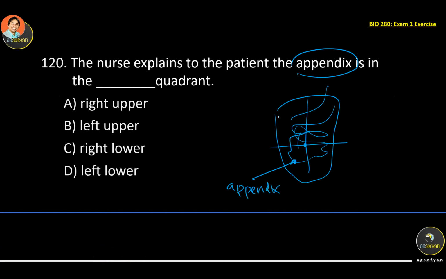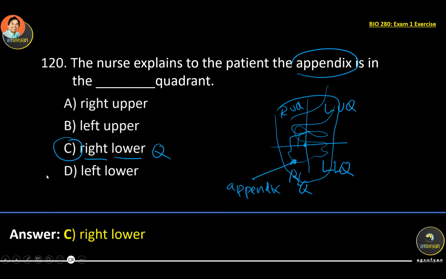This is the right upper quadrant, left upper quadrant. This is the right lower quadrant. This is the left lower quadrant. So the appendix is in the right lower quadrant. That should be the answer.